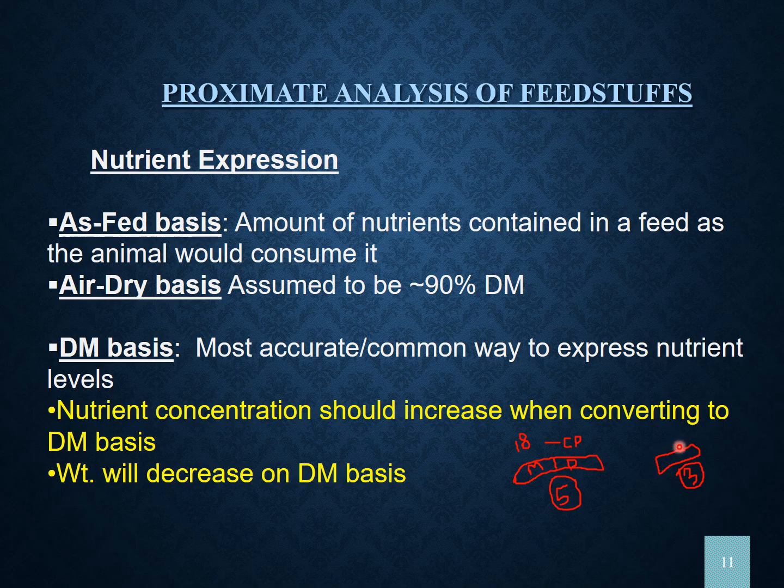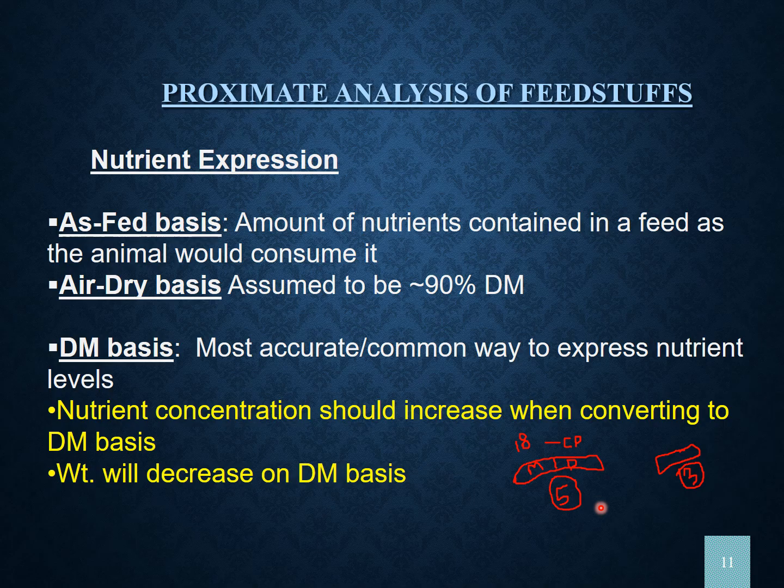So here the concentration of the nutrients will increase, right? Because the weight of the feedstuff is decreased because we remove all the moisture from it. So here the nutrient concentration increases. The crude protein will be more than 18 on dry matter basis. This is just an example, to explain how it comes.